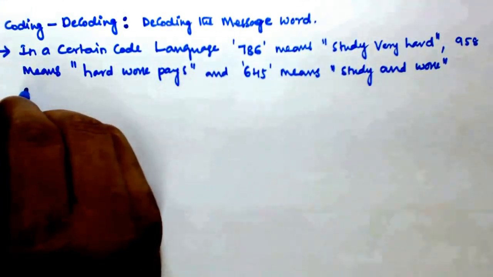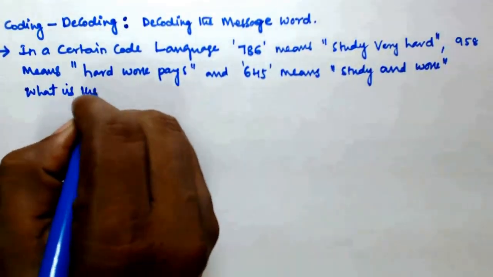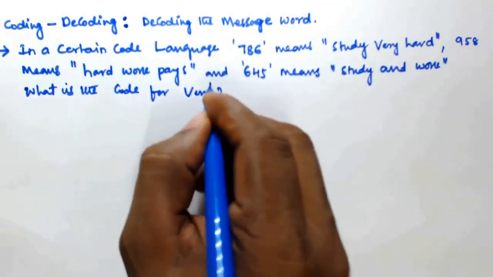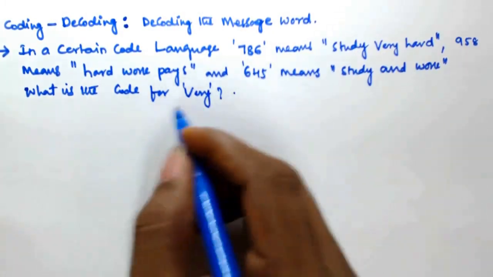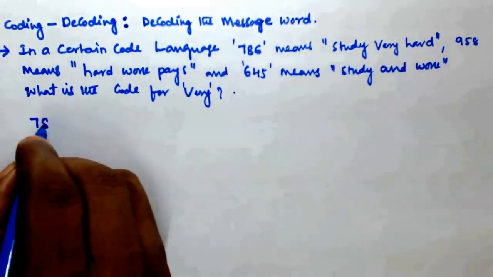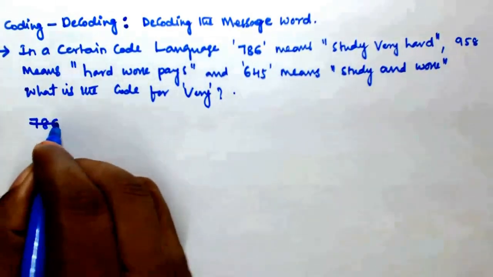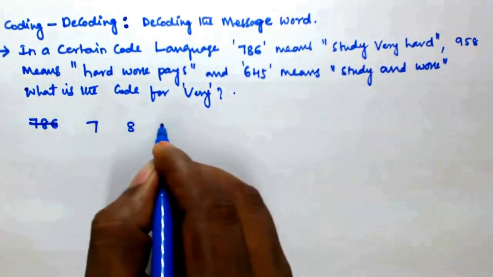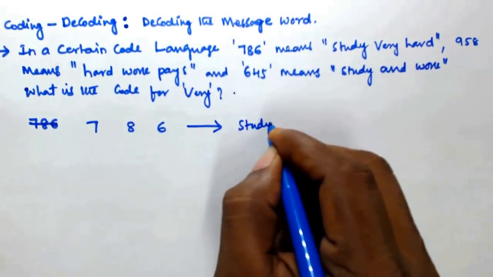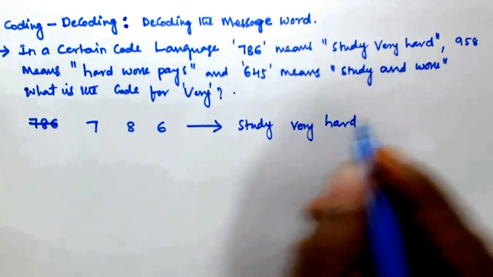Which of the following? We have to find the code for very. In a certain code language, 786 means study very hard.